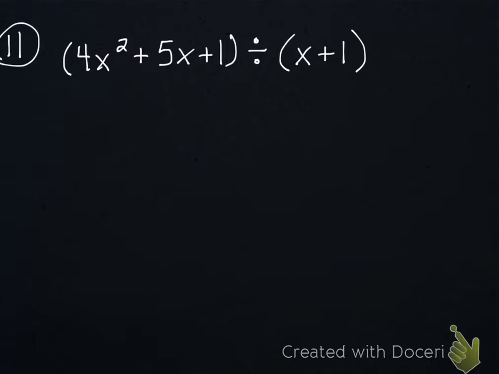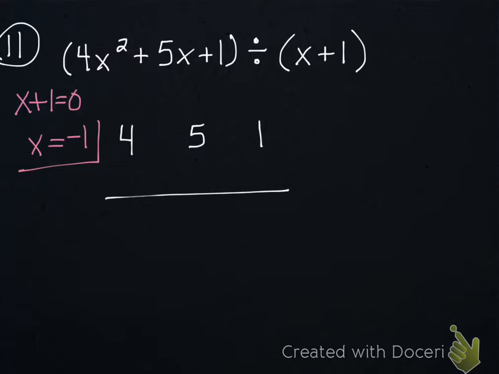Number 11. Take the divisor, set it equal to 0, and solve for x. X equals -1. Put it in the box. Now we write down our coefficients. 4, 5, and 1. Was there anything missing? No. No placeholders needed.